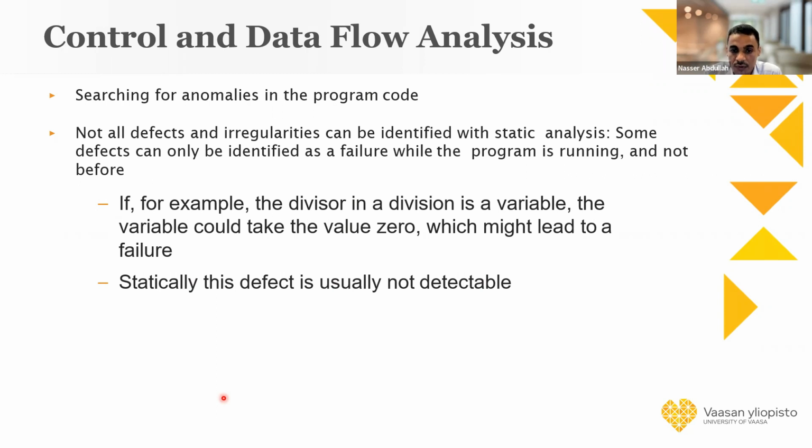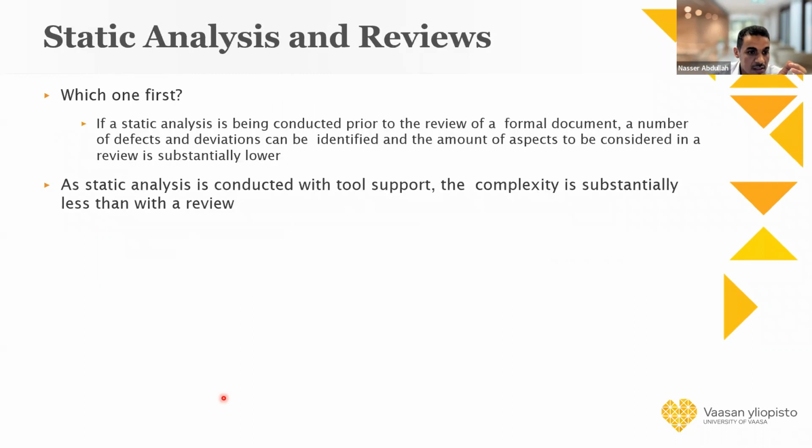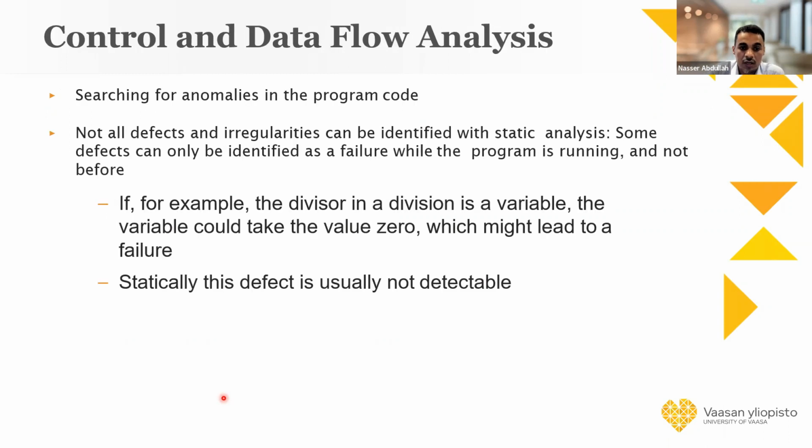Based on that diagram or graph, you will see some defects or bugs, which they call anomalies. Maybe you saw this word previously. They call it anomalies, but it's okay, it's a bug or defect, no problem.